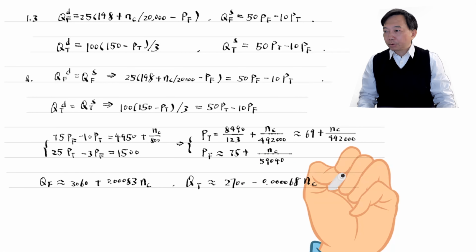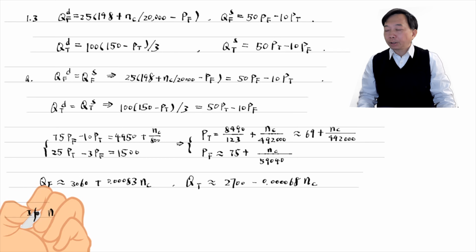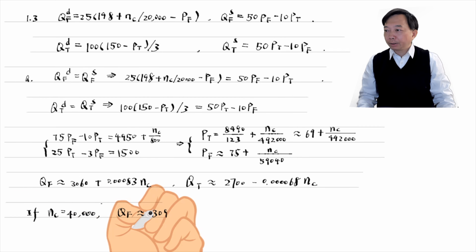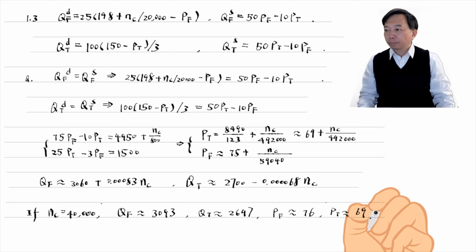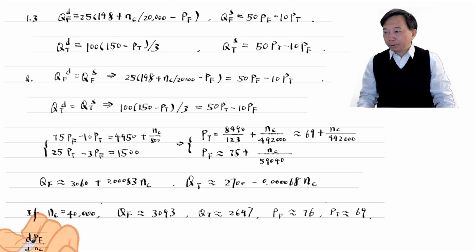They are functions of NC, the number of patients per day who are at least 40 years old. If it equals 40,000, we can calculate the values of the equilibrium prices and quantities. We can also obtain the derivative of the prices with respect to NC.